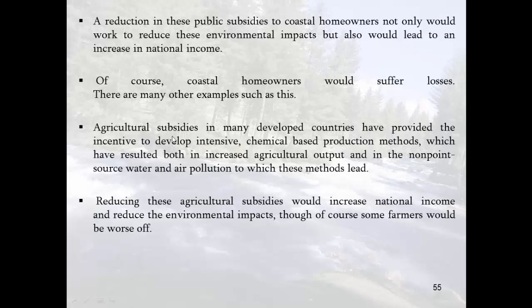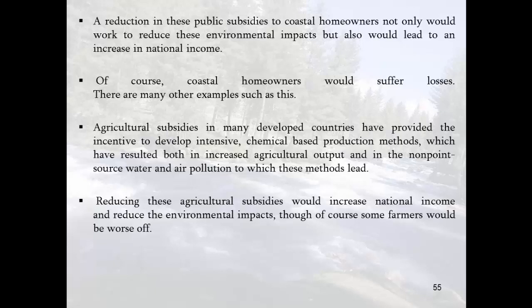Agriculture subsidies in many developed countries have provided the incentive to develop intensive chemical-based production methods, which have resulted both in increased agriculture output and in the non-point source water and air pollution to which these methods lead. The agriculture subsidies are given in many developed countries to encourage the farmers.